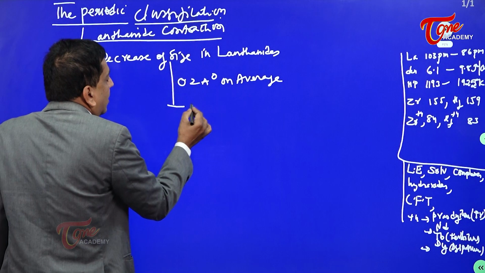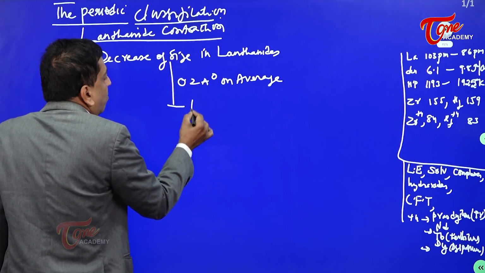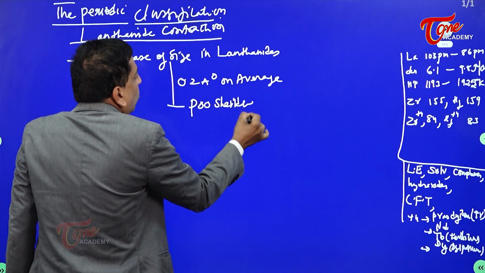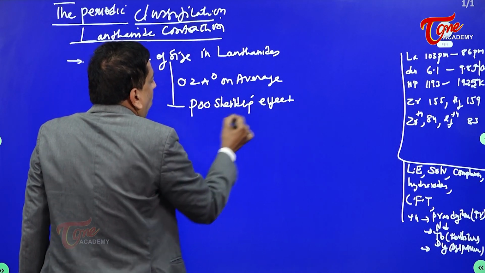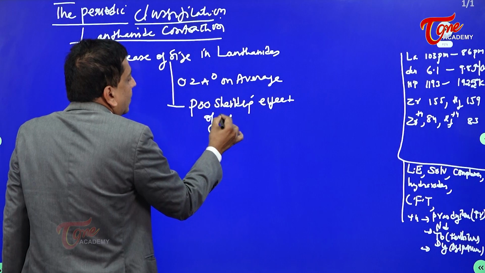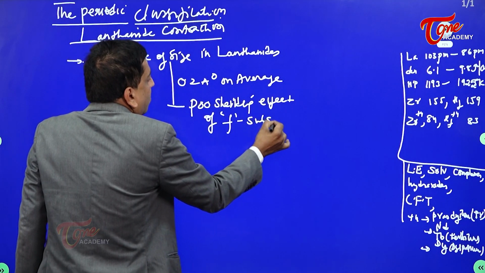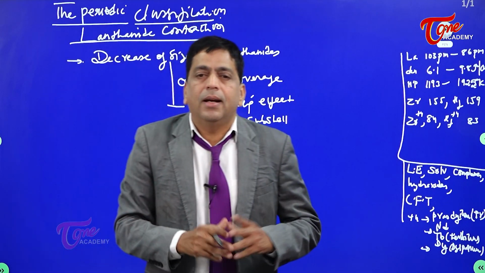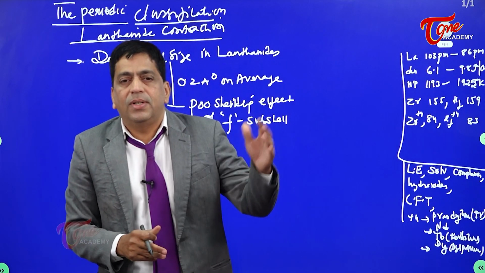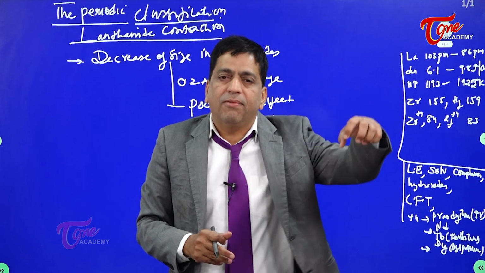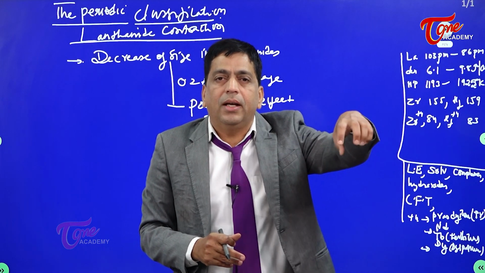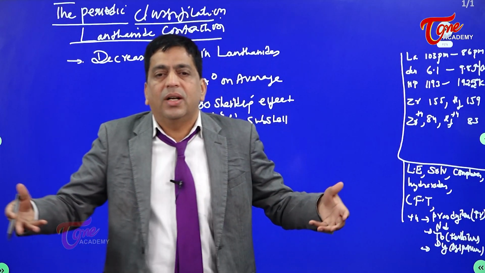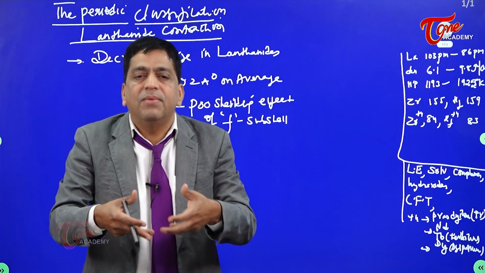And if you look into the reason, that is because of the poor shielding effect of the F subshell. You must understand. So there is a decrease of size in lanthanides from 57 to 71, starting from lanthanum, where the electron is entering D, and from there onwards 58 to 71, there is a gradual decrease in size till 71.